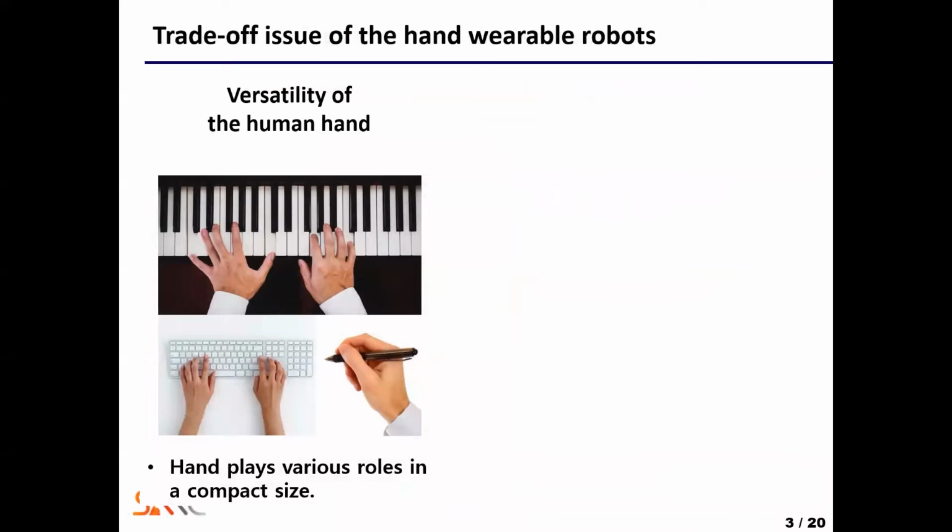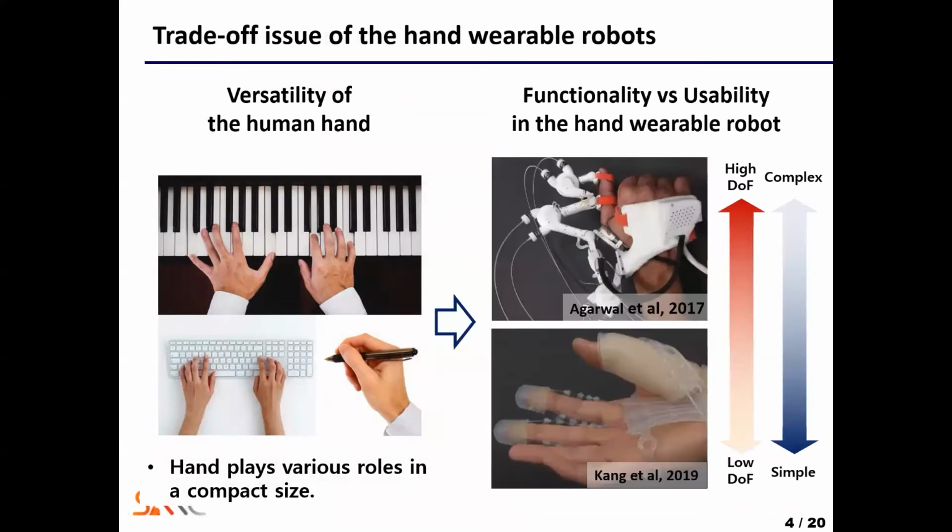In hand wearable robot research, there is also robot performance related to functionality and usability. As we all know, hands play a variety of roles in our daily life in a compact size. Therefore, it is difficult to satisfy both factors related to functionality and usability.